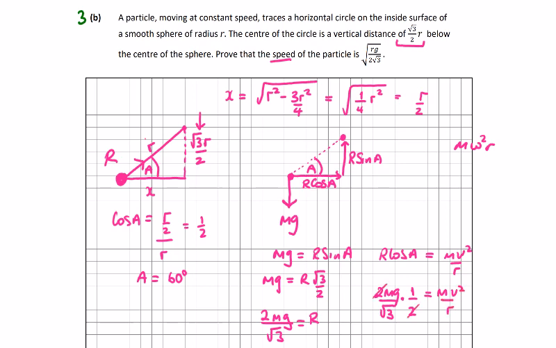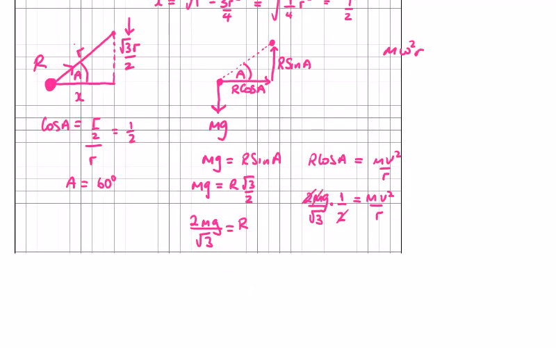I can cancel my 2's. I can cancel my m's. So I'm going to get R g on top. If I cross multiply by r, I'll get r times g over root 3 is equal to v squared.